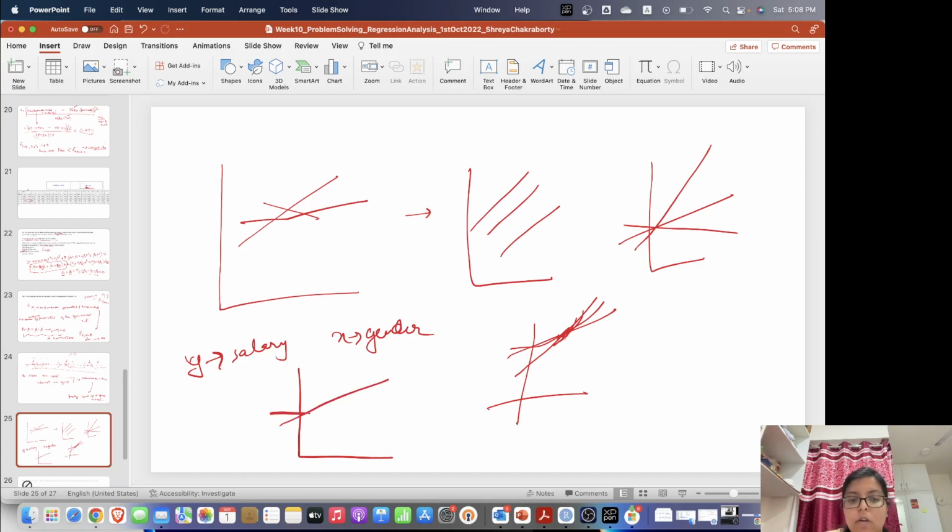You want to find out whether this is the case or not. Or somebody says that the rate of increase is the same, but the starting salaries are different. So this could be parallel lines, or the same start but a different rate. Based on the question that you want to address, you would have to test your hypothesis. This is just a small example.